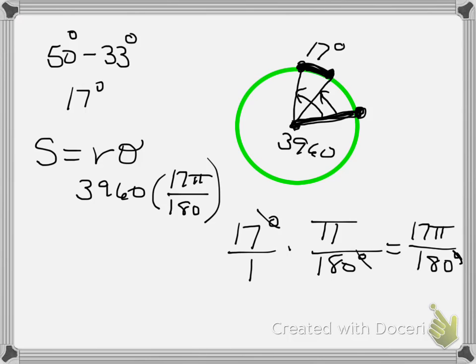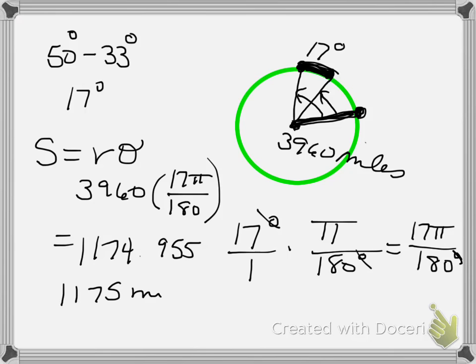Alright, so I'm going to plug that into my problem and put it in my calculator, and I will have calculated the distance between the two cities. Now the radius was in miles, so my answer will be in miles. So the arc length of this 17 degree angle is 1,174.9556, etc., which I'm going to round to the nearest mile, which is 1,175 miles.